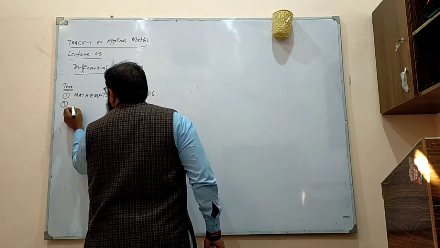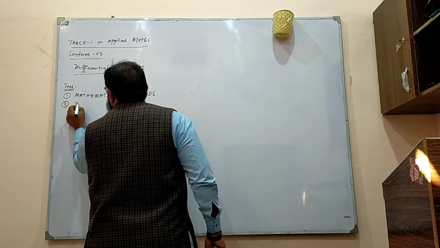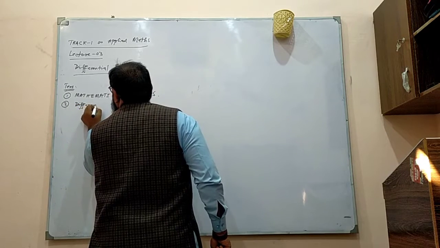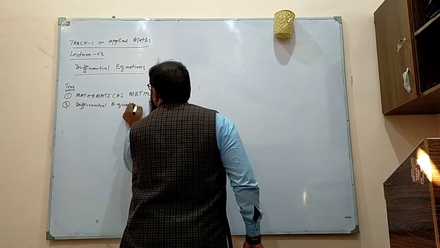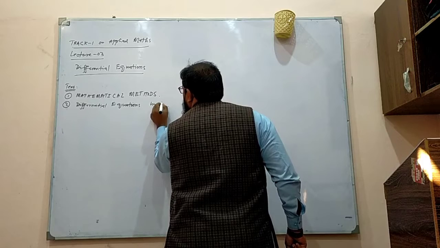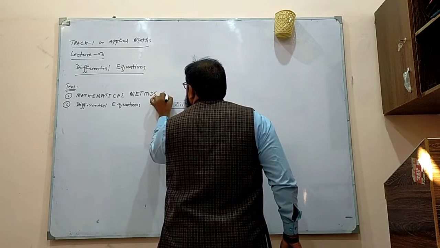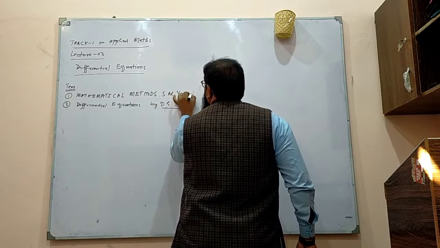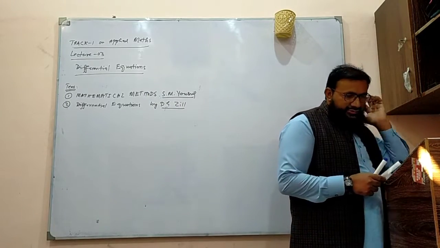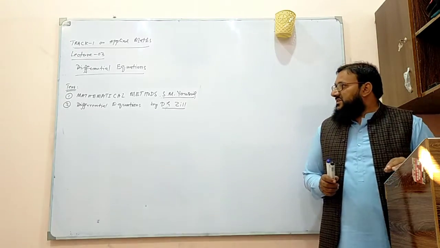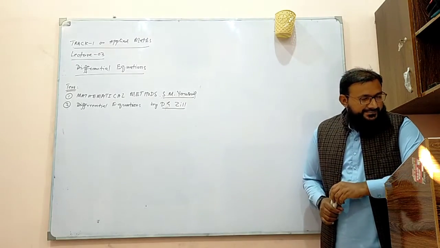And the second one is Differential Equations with Boundary Value Problems by Dennis G. Zill. So we'll be following these two texts, and if you want to study further, you can refer to these two books, which are easily available in the market.